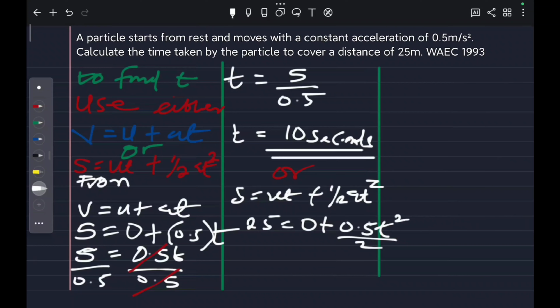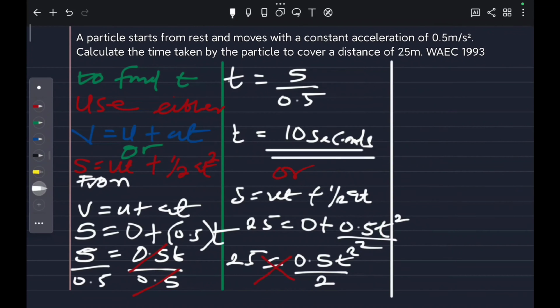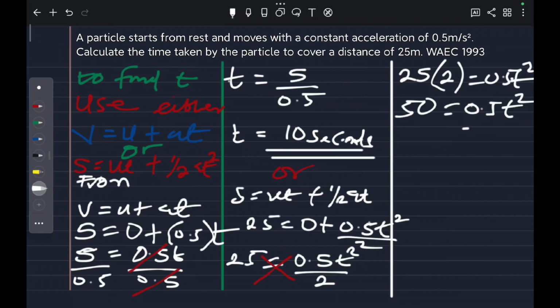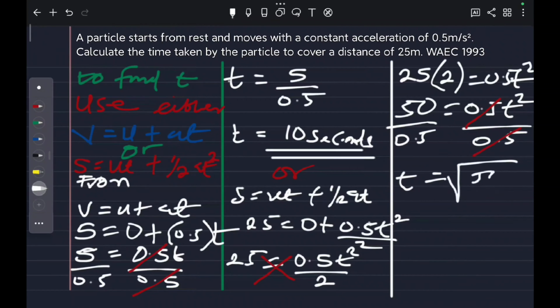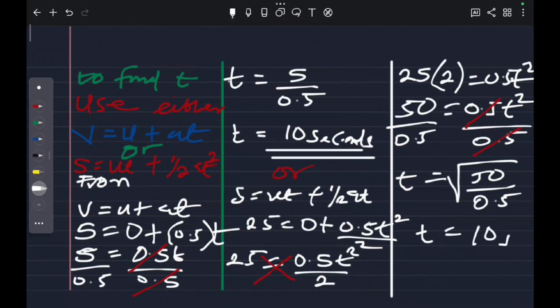So, remember that it is T squared, so that 25 will equal 0.5 T squared divided by 2. If you cross multiply, 25 multiplied by 2 will equal 0.5 T squared. So that 50 will now equal 0.5 T squared. Divide through by 0.5, we have T squared to be 50 divided by 0.5, and the square root of 50 divided by 0.5 will give you T, which equals 10 seconds. Take note of that.